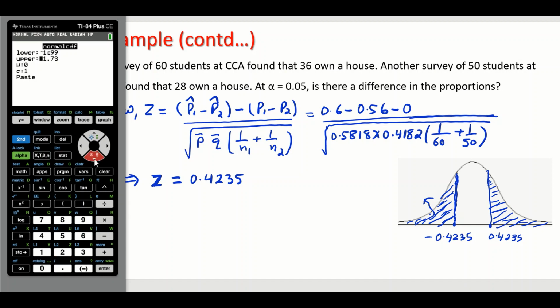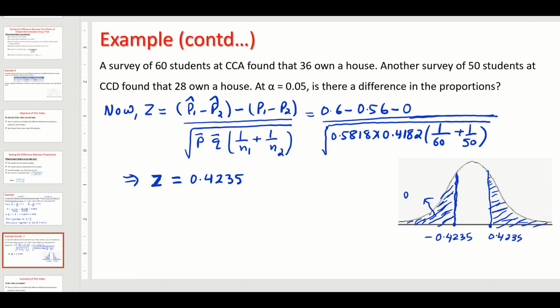The upper value is negative 0.4235, mean 0, standard deviation 1. If we paste that, the value we obtain is 0.3360. And this one is the same, 0.3360.